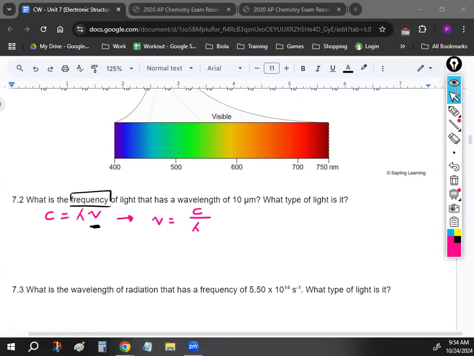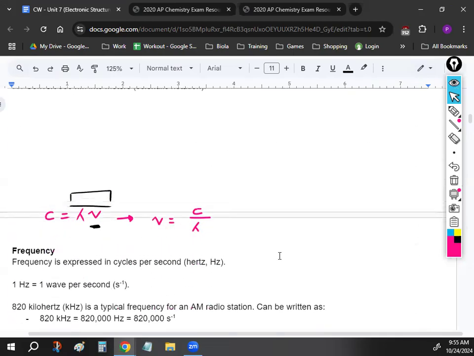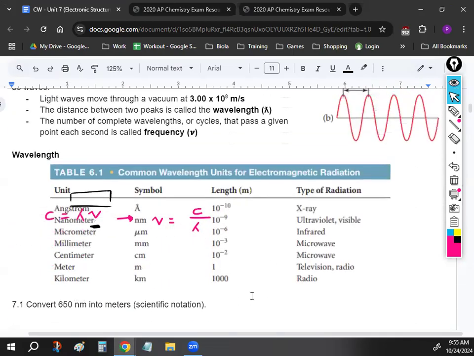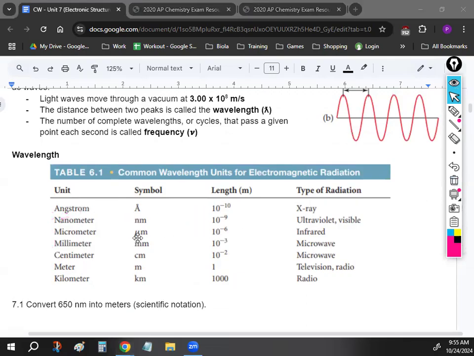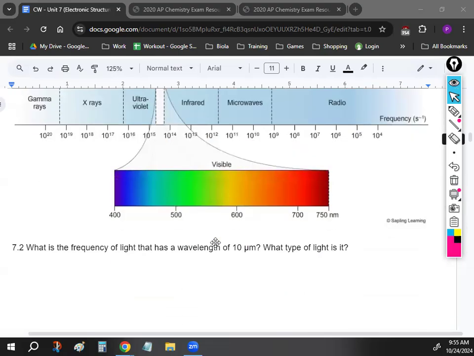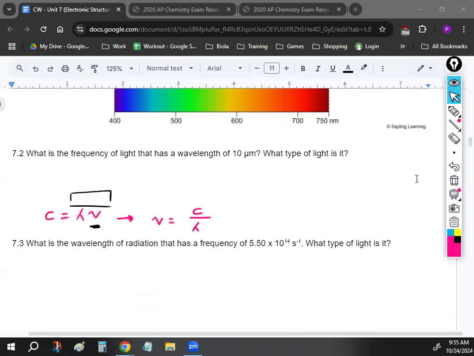So far so good, guys? Next, we're going to plug in our numbers. It tells us that our wavelength is 10 micrometers, this little mu with a long left side. So we're going to go up to our chart and take a look at what this means. Oh, it's right here: micrometers, and that's 10 to the negative 6.